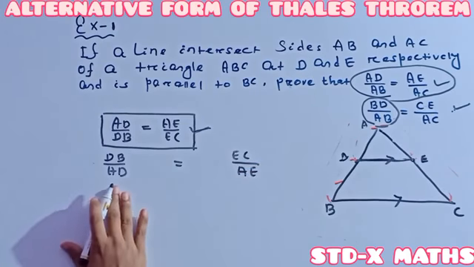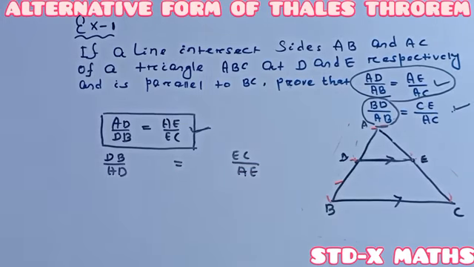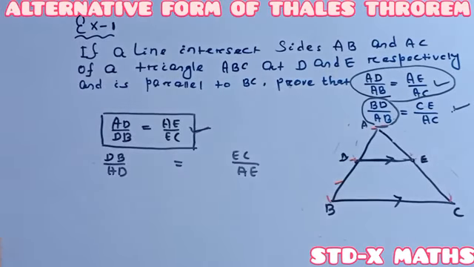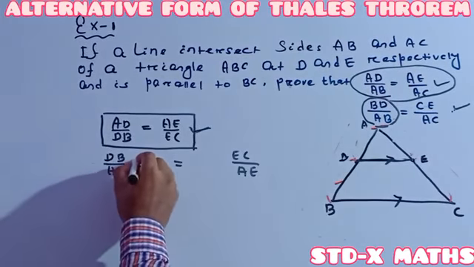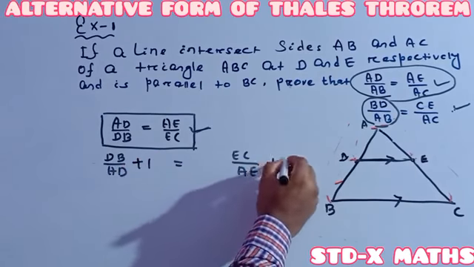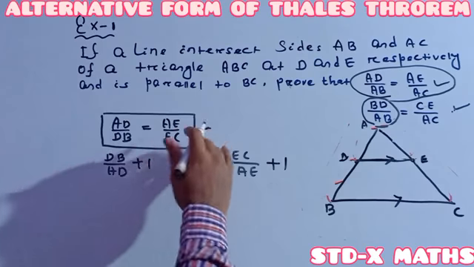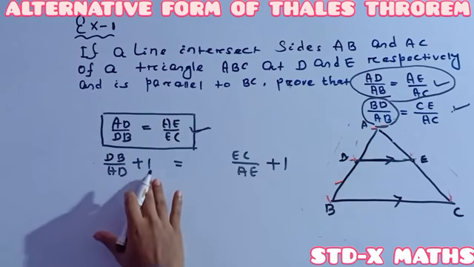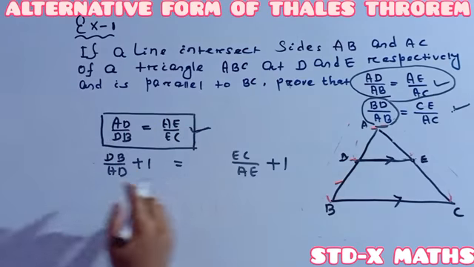A fraction is given as the same as another fraction, so its reciprocal must be the same as the reciprocal of the other side. Then I add 1. Previously we directly added 1 without taking the reciprocal, but here I first convert to the reciprocal, then add 1 on both sides.